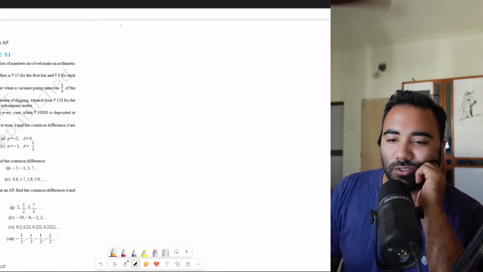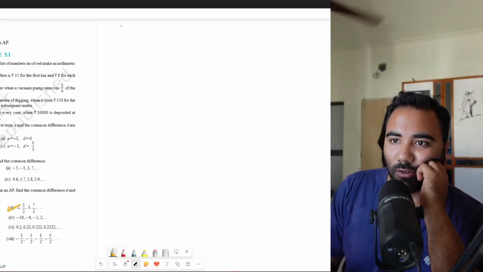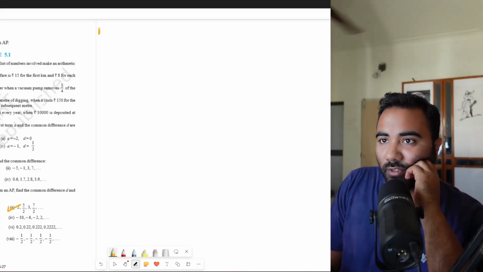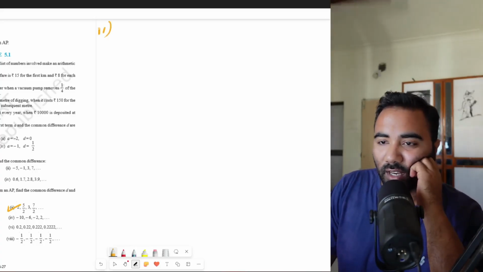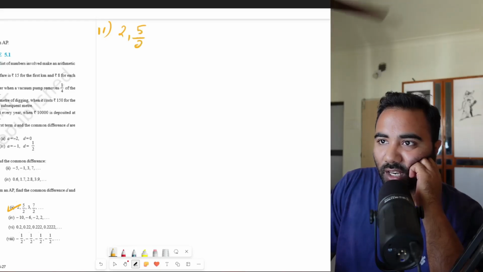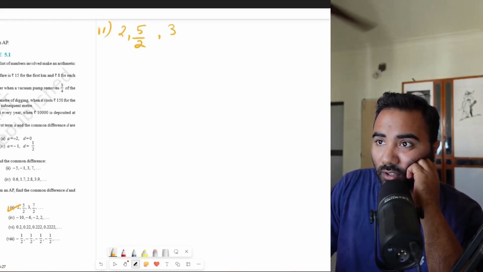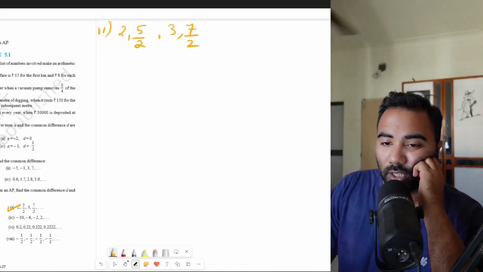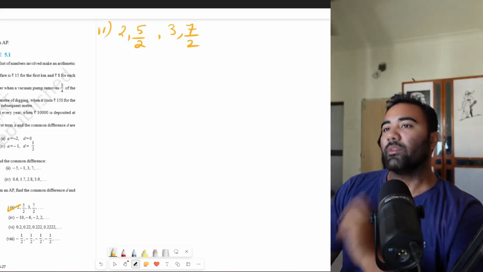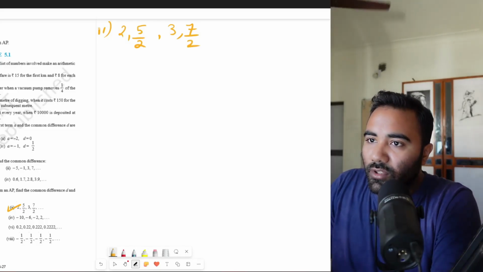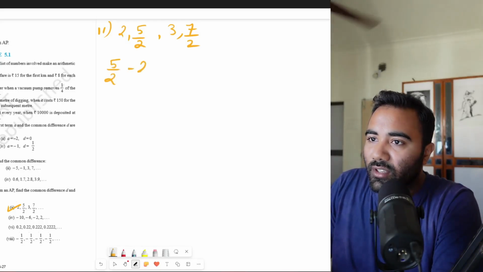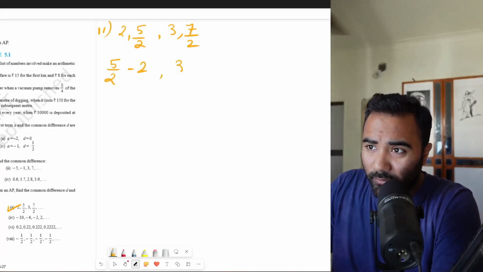Okay, so I want to try the second one because it looks difficult. Students usually find addition and subtraction of fractions very difficult. Okay, now this is what is given to me. So first I'll try to find the common difference. Is there a common difference to begin with?